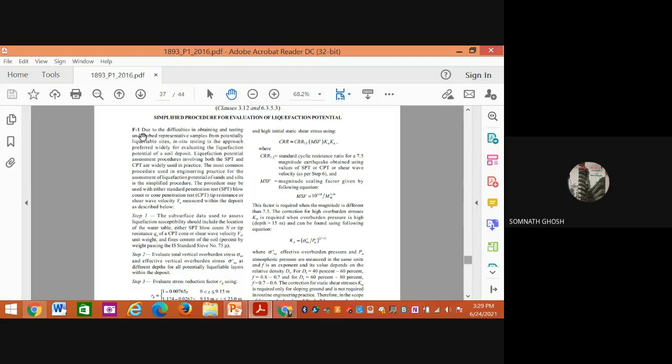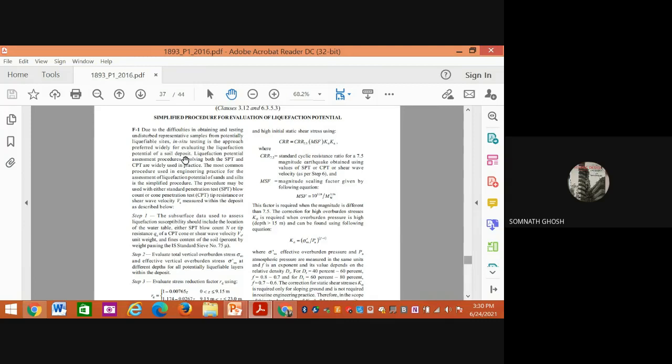Now you see, why I'm reading every line, because every line has got some meaning. And from this, you can easily understand the limitations of the methods. Due to difficulties in obtaining and testing undisturbed representative samples from potentially liquefiable sites, in situ testing is the approach preferred widely for evaluating liquefaction potential of soil deposits, which I told you.